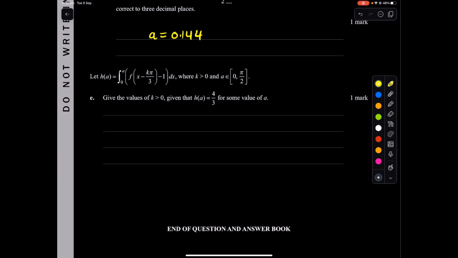We know we want h of a to be equal to 4 on 3. So if we like equate this, give the values of k greater than 0 for some value of a. Okay, I'm just going to graph this on my CAS.